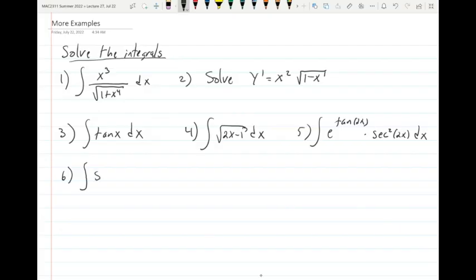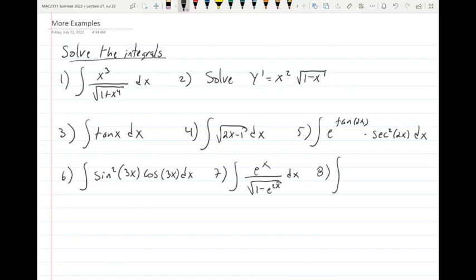And then number 7, let's put some more interesting ones here. e to the x over the square root of 1 minus e to the 2x. And then let's do e to the square root of x over the square root of x.